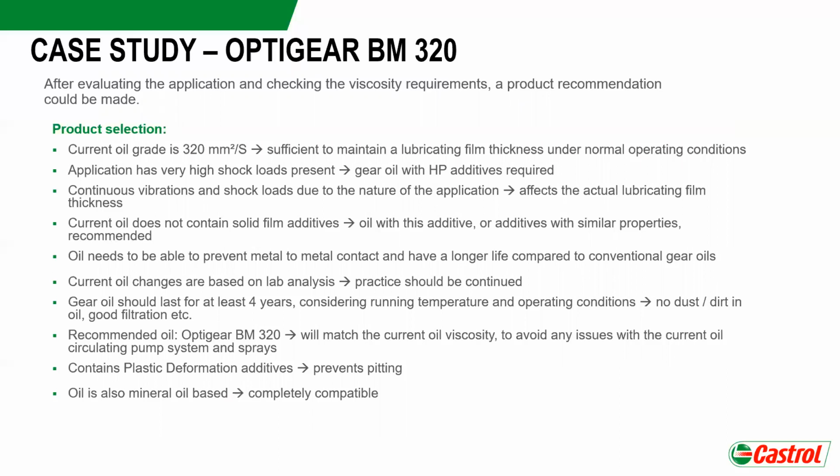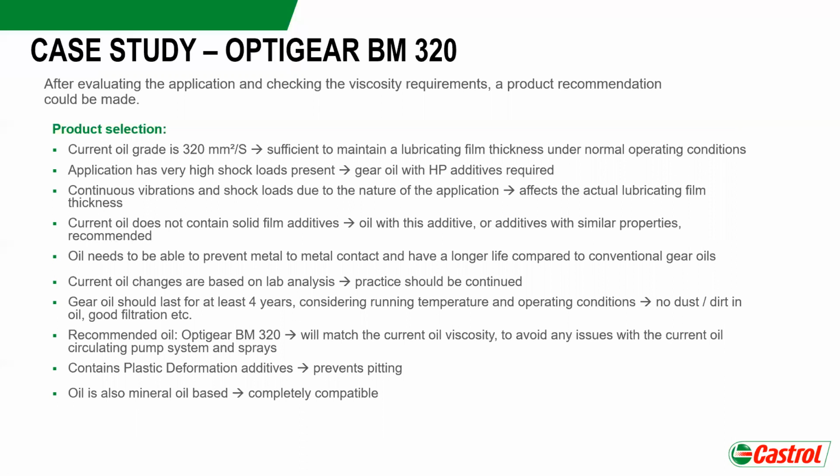And under normal conditions, doing calculations for the gearbox requirements, that should give enough lubricating film thickness to separate the metal surfaces. It's due to the very high shock loads that you need a gear oil with high performance additives in that particular application. Now, the oil that was in place didn't contain any solid film additives or oils with plastic deformation additives either. So the lubricating film thickness wasn't sufficient to prevent damage and reduce the life of each gearbox.